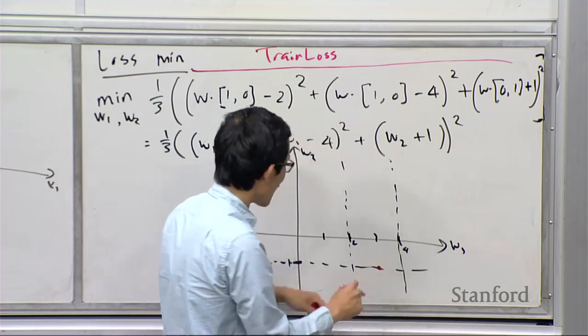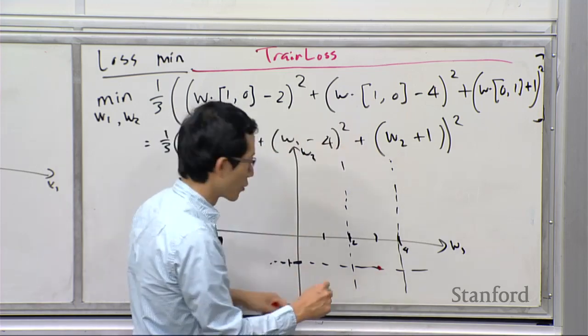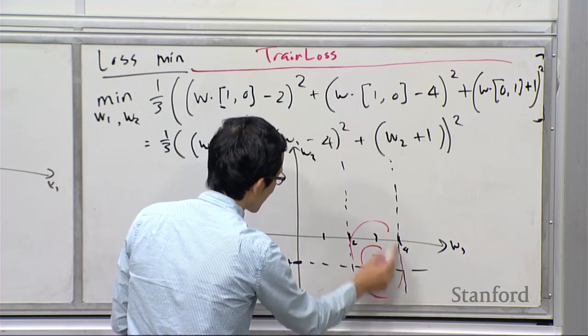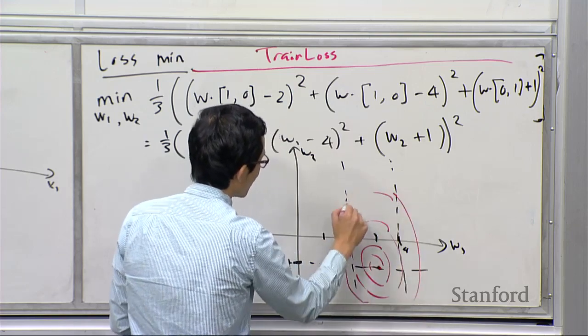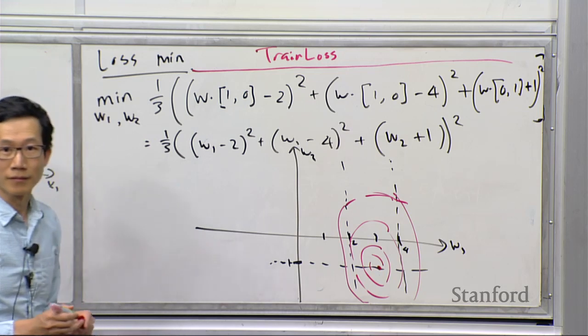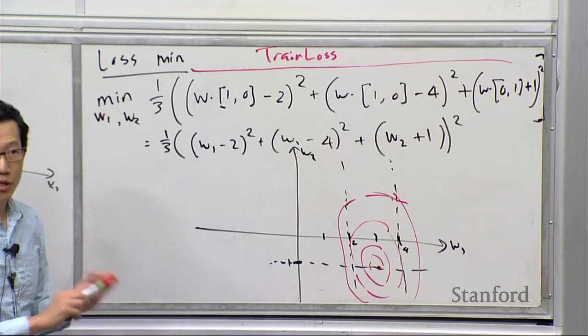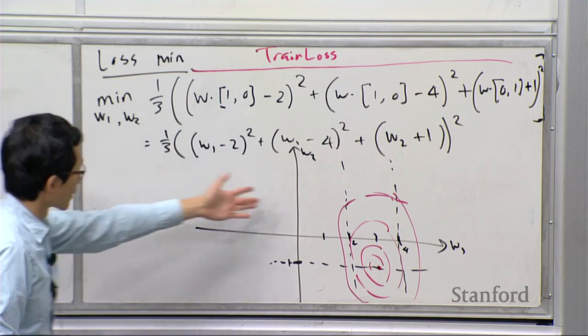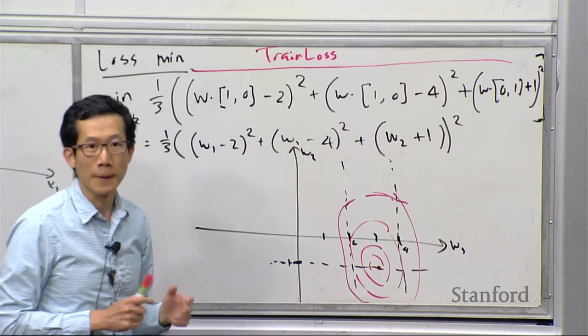Yeah, you can solve this explicitly, but intuitively it should be there. And the level curves are going to be something like this. Okay? So any questions about this? We picked a very simple problem. We're getting points, and here is a loss picture.